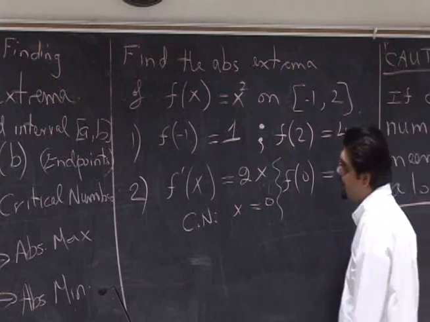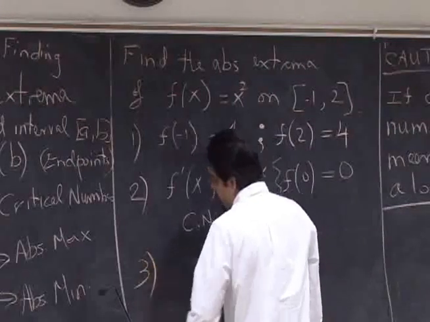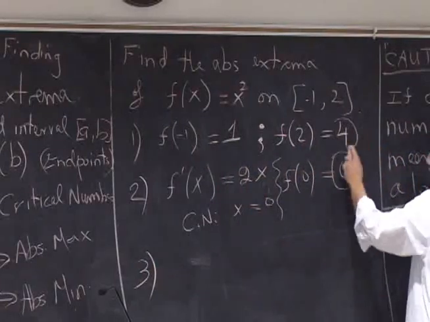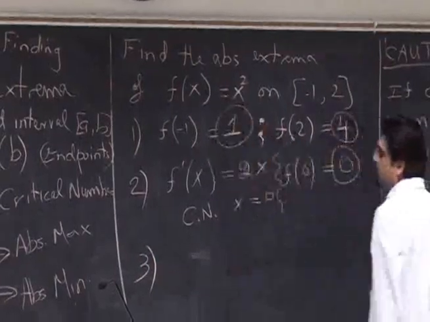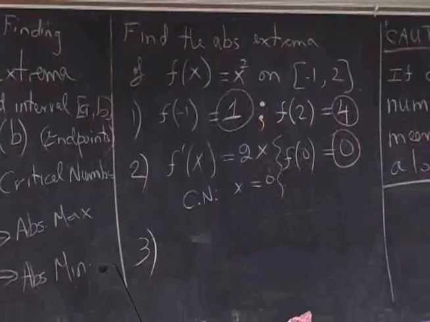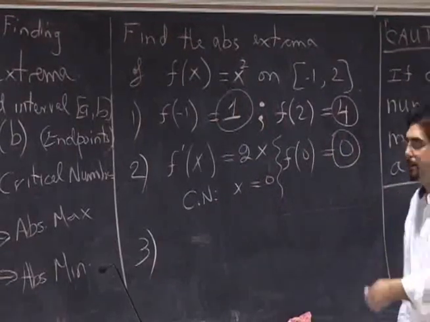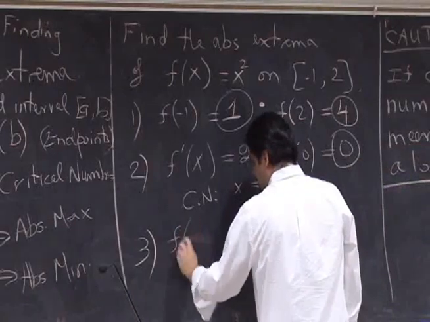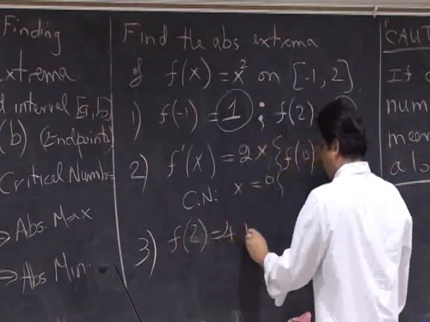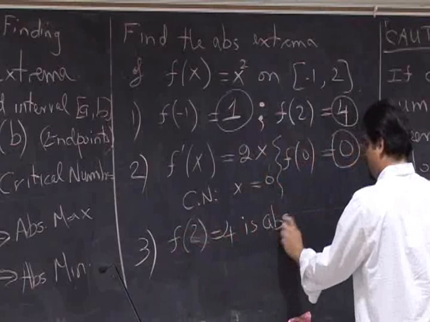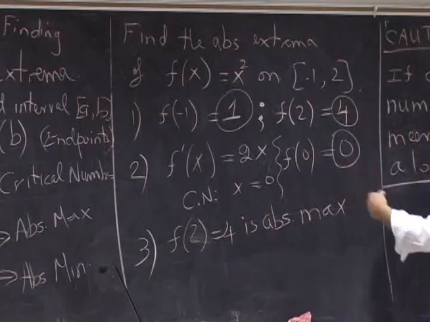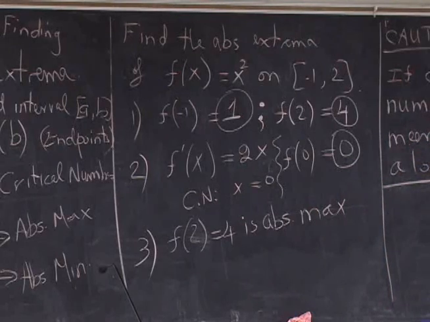In step 3, I take the largest value. I have 0, 4, and 1. What is the largest value? 4. That's my absolute maximum. And between those three values again, what's the smallest? 0.